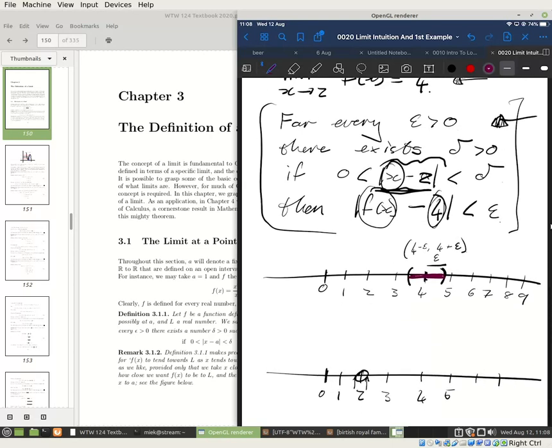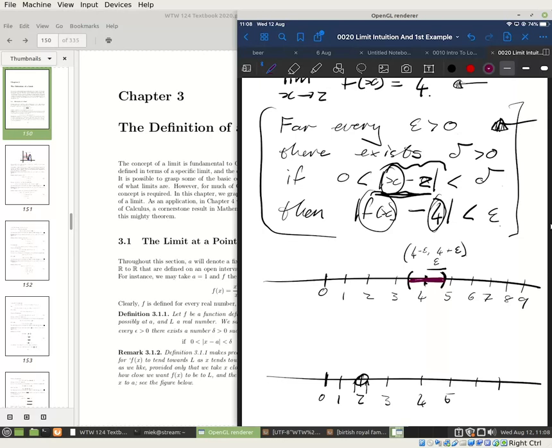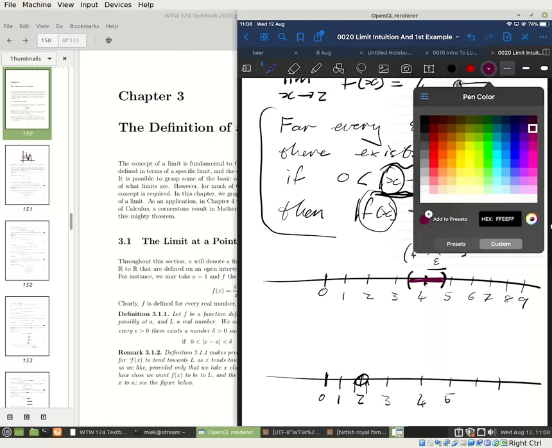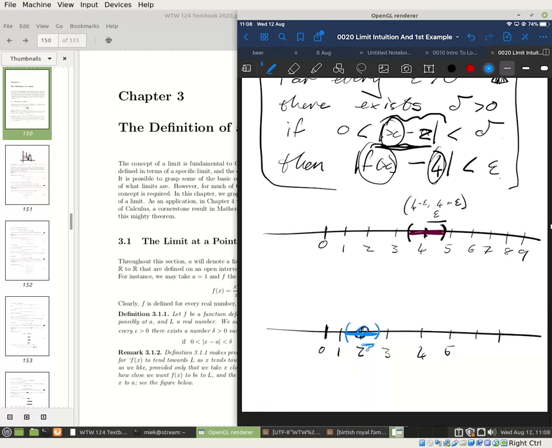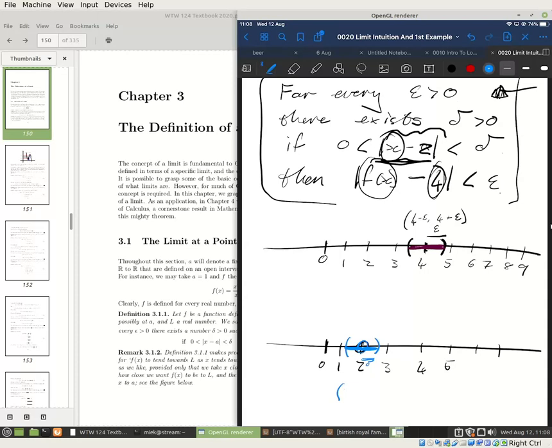For any epsilon, there exists a delta. Let's use a different color, let's use blue. There exists a delta, so that if we look at the interval of radius delta around 2, but not including 2. So if this is radius delta, let's write down explicitly what this is.